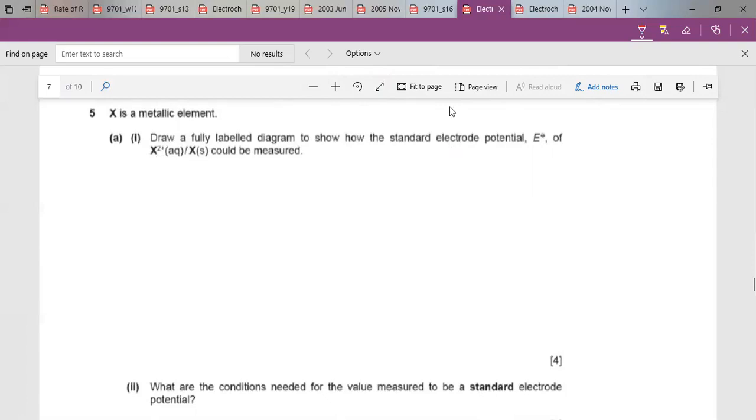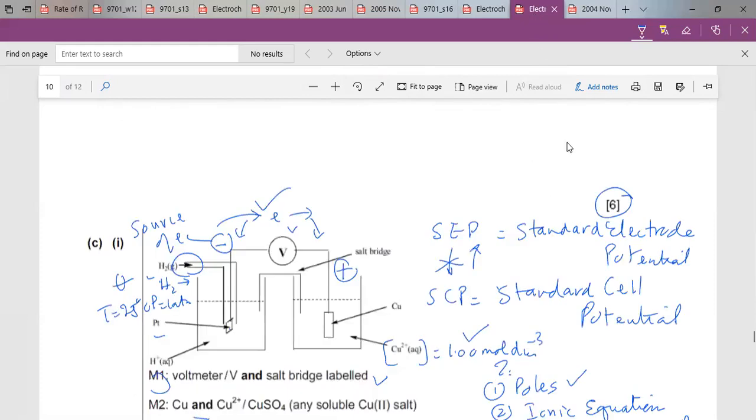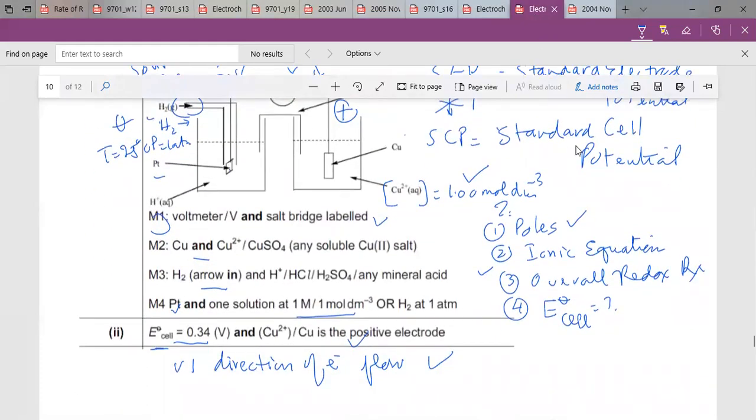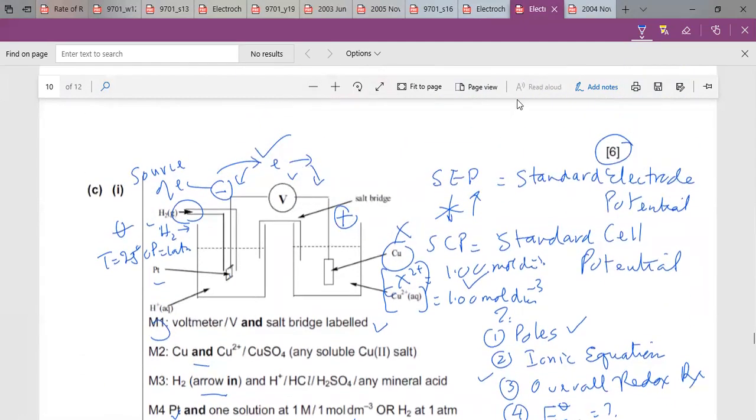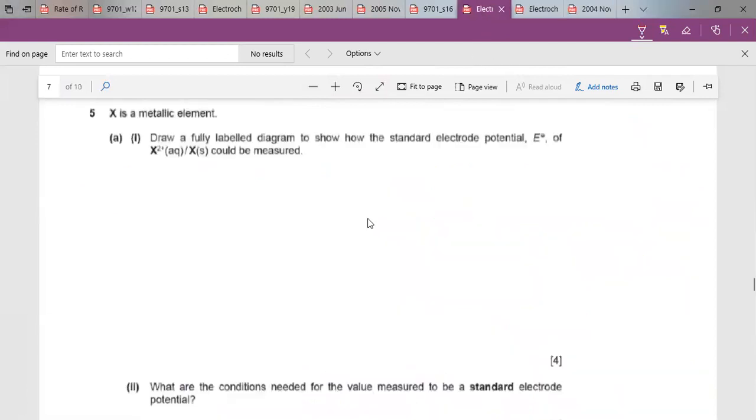Of course, in this case, you change only this part. Instead of copper, you put X, and instead of the other ion, you put X2 plus equals 1.00 mole per dm cube. Everything is the same, direction of movement of electrons all the same. Easy, isn't it? So it's very general.